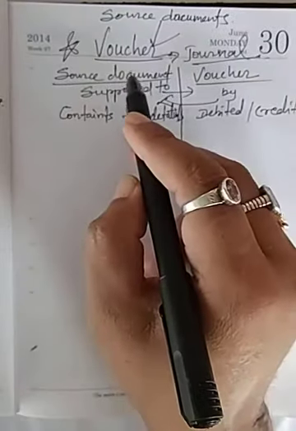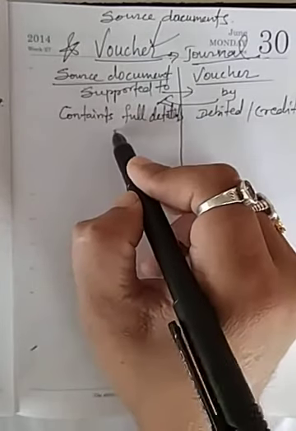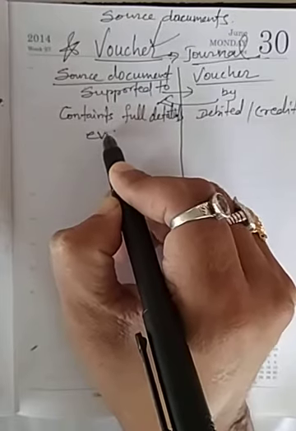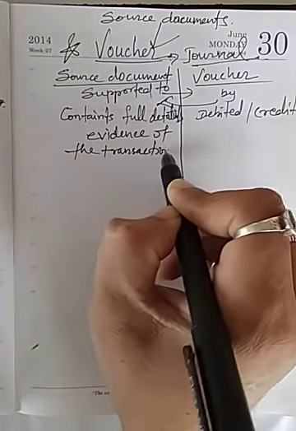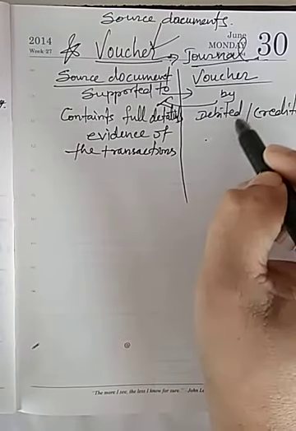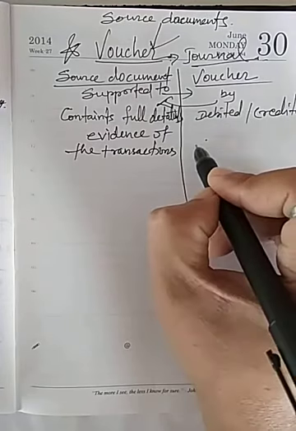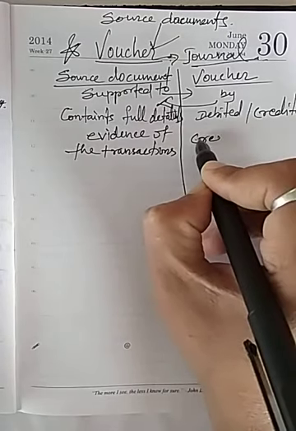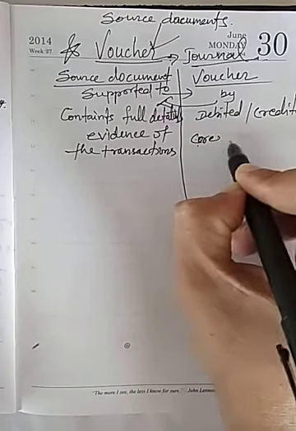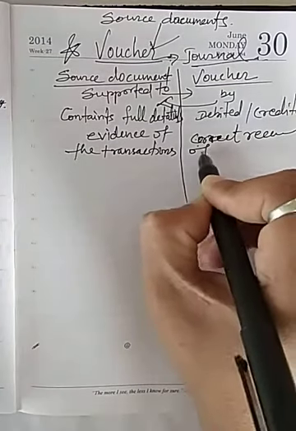And a source document is evidence of the transactions, but a voucher is a document of correct recording of the transaction.